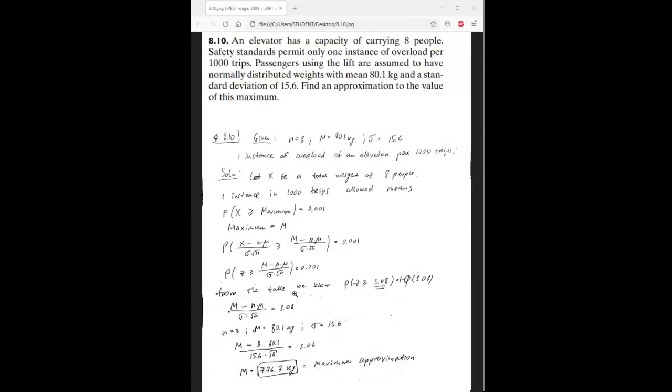From the table, we know that this probability that equals 1/1,000 is when z is more than 3.8. So I equalize the left side to 3.8. We have all variables, and I calculate the maximum, which is equal to 776.7 kilograms.